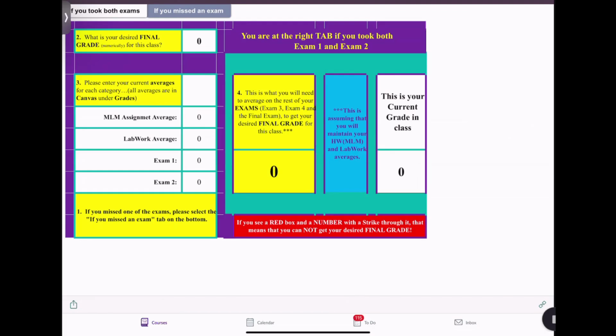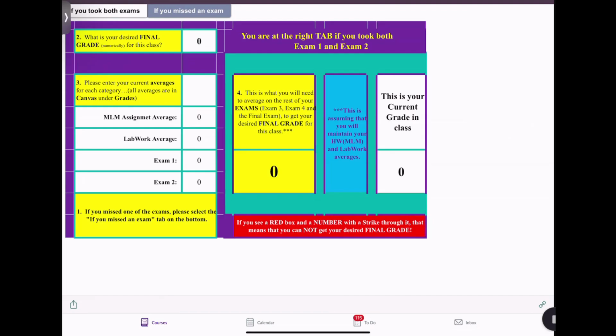However, I also want you guys to manipulate the MLM average and the lab work average, because if you currently have a 50% in MLM, and since I reopened everything in MLM since the beginning of the class, you might want to try and see, hey, what would I be able to do if it's 100%? And then maybe it would light a fire under your butt to say, hey, I better go back in before it closes this Saturday and get everything to 100%. Okay? So that is the 4 steps.